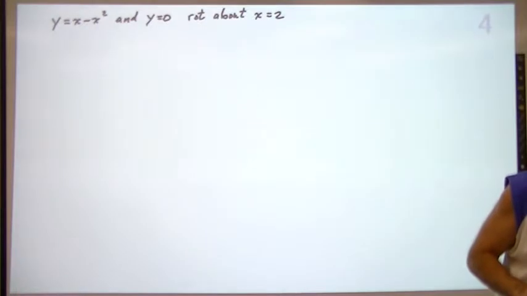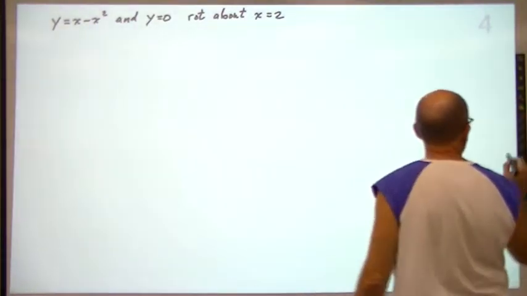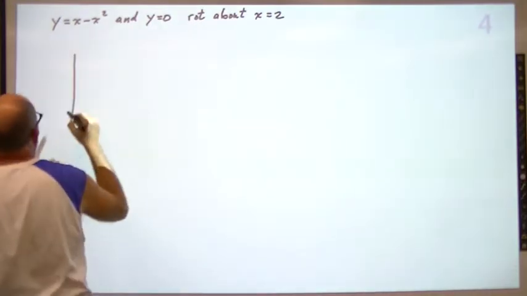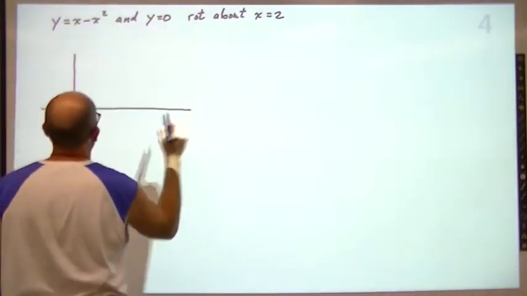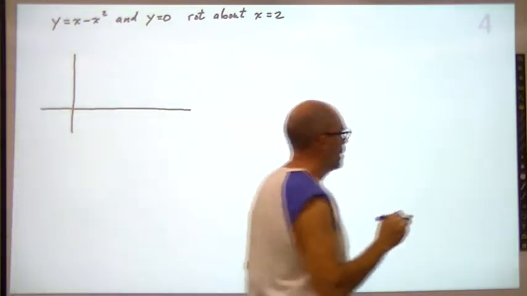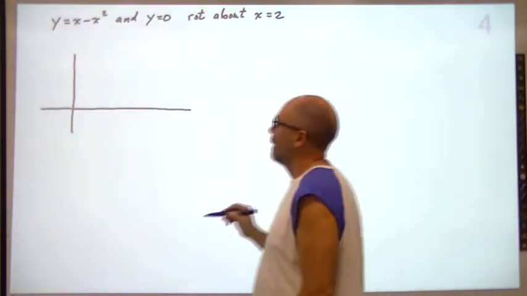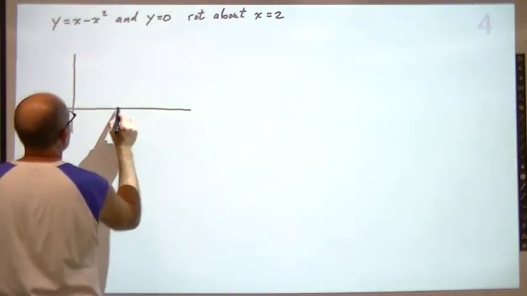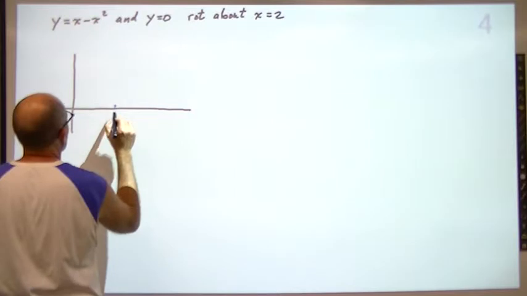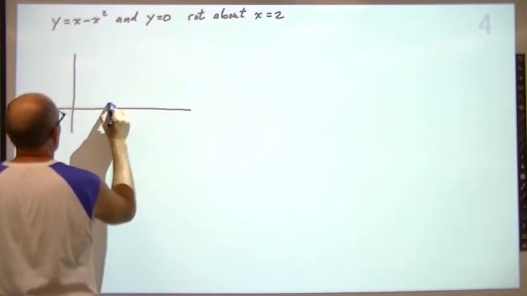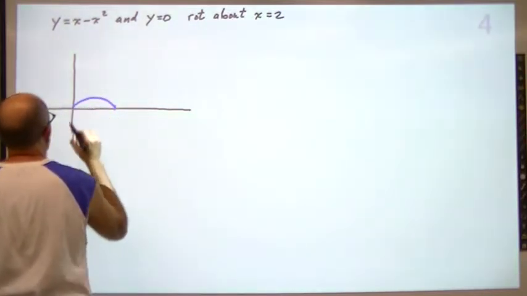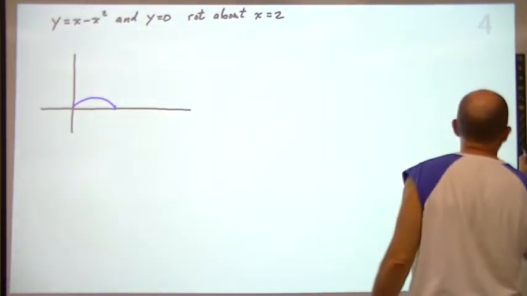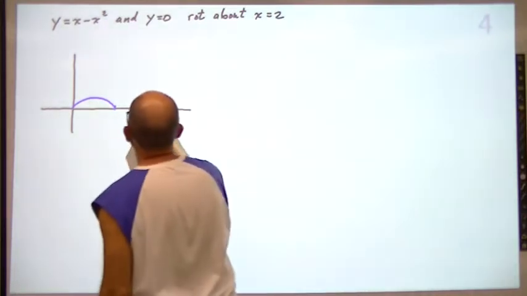0 to 1. Yeah, okay. So here's what we have. Okay, so this parabola goes from 0 to 1, and we're rotating about x equals 2.